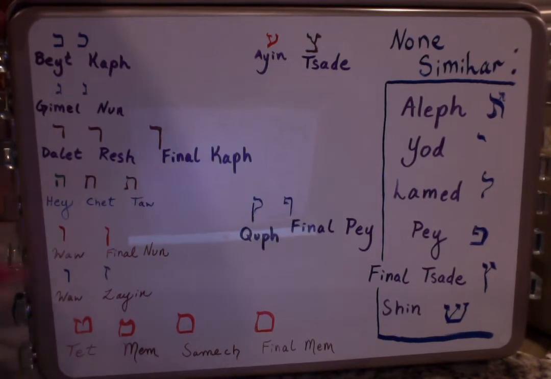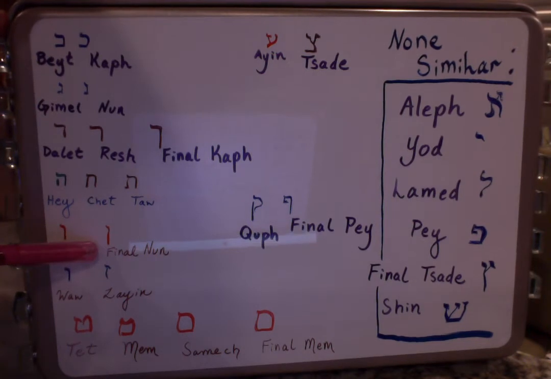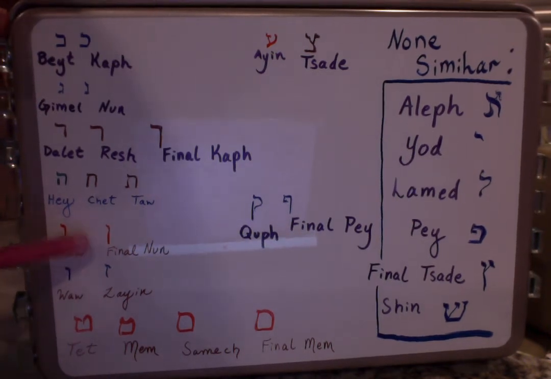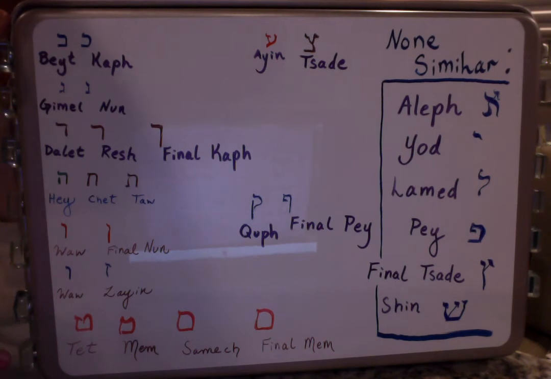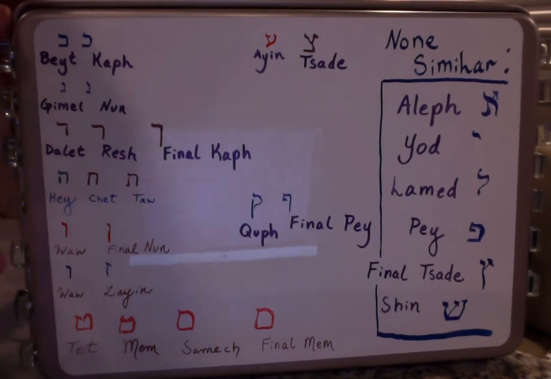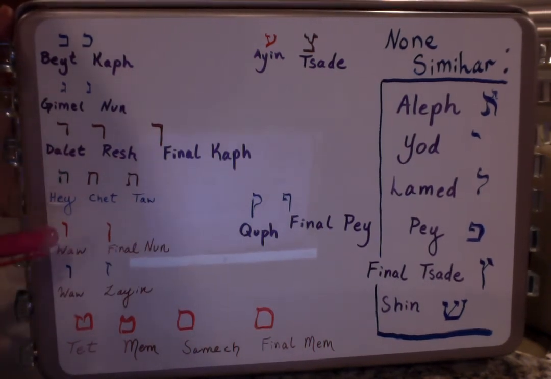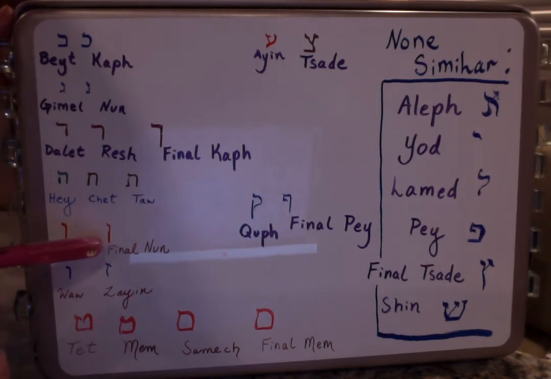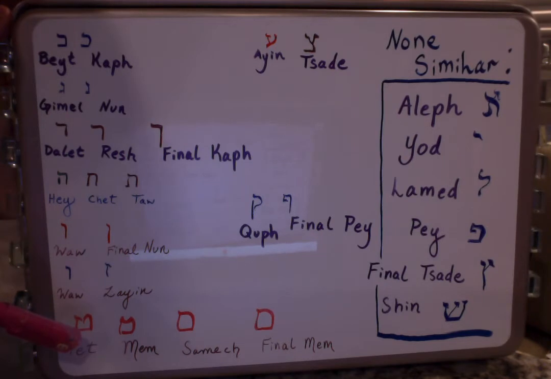Then we have Waw and the final Nun. Now a final nun or mem, like you'll see here, final tsadi, will occur when it's the very final ot at the end of a word.